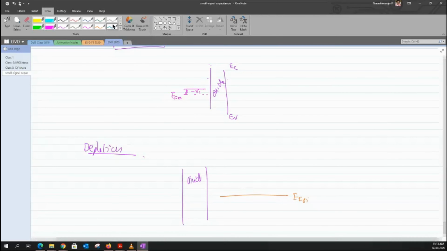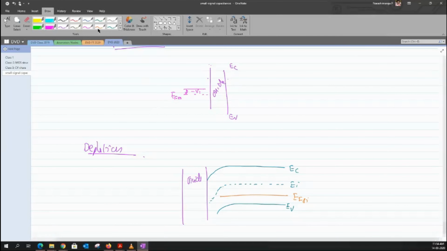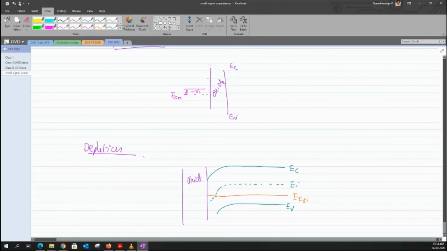But the things that are bending are our valence band, as well as the intrinsic Fermi level, and along with it the conduction band. What is happening is that at this particular point the intrinsic Fermi level is exactly equal to the Fermi level of our silicon. So in this case there are no free carriers.